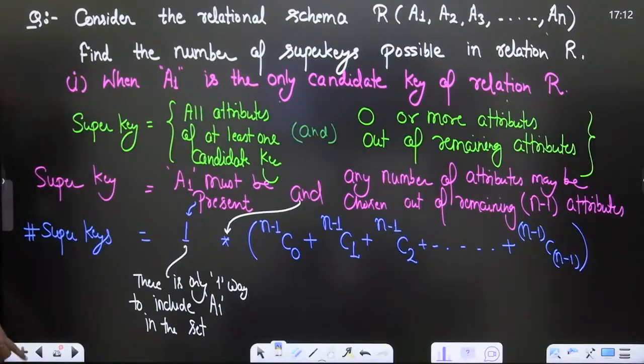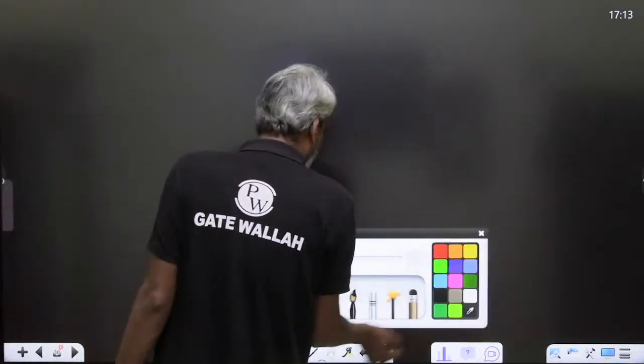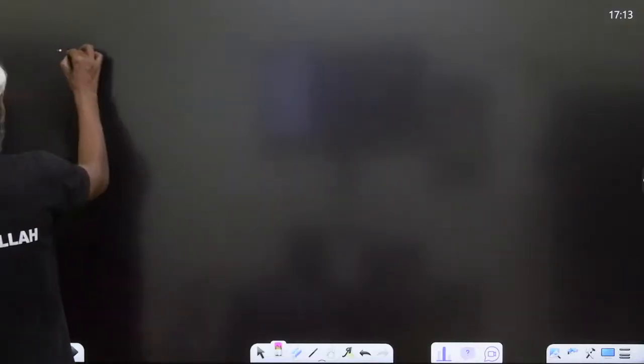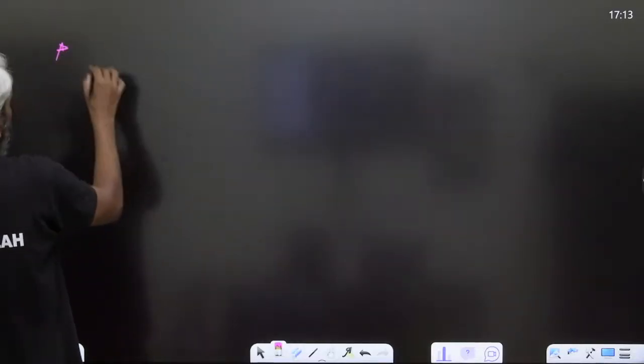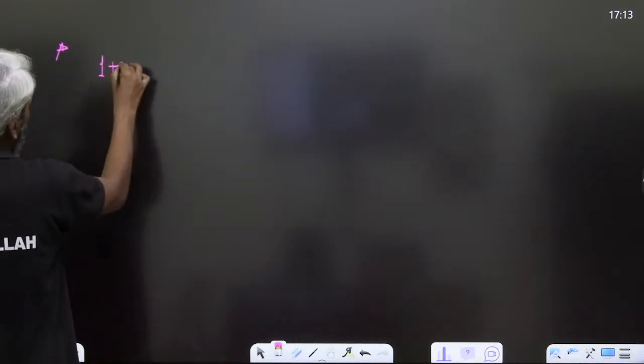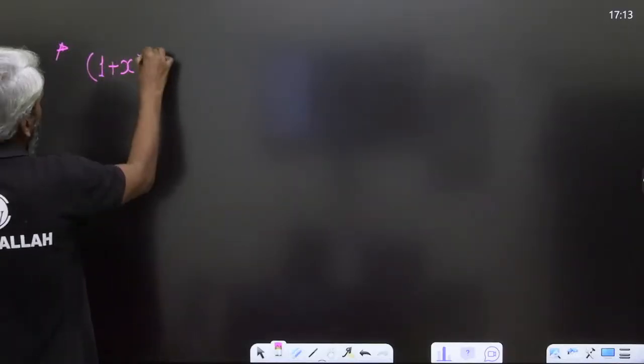Right? Now, please remember this basic formula, not only in DBMS, but it will be required in discrete mathematics as well.